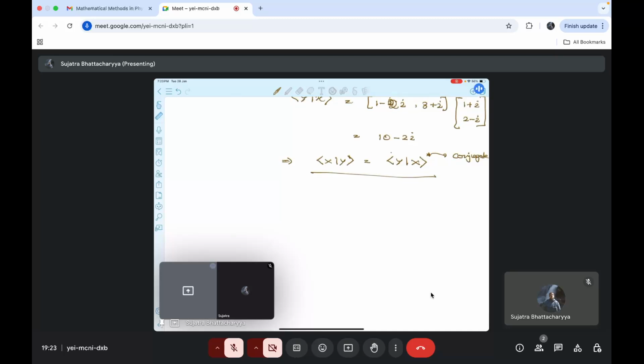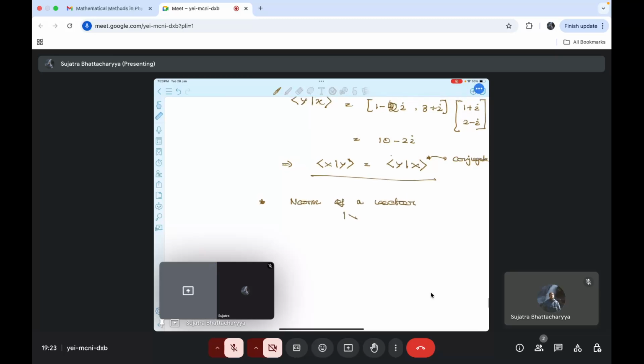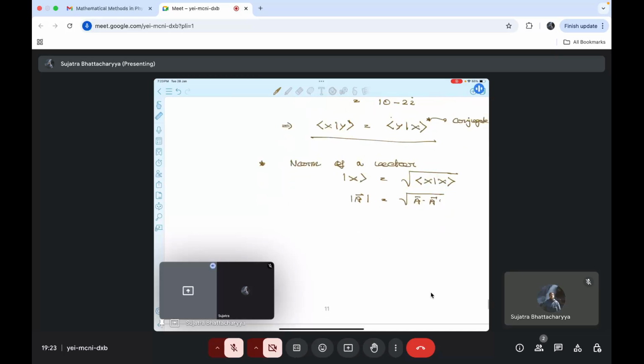Two, three important points. That is the norm of a vector, or the magnitude. The norm of a vector x is denoted as root over the inner product of x with itself. Similarly, if you write it in vector terms, it is the root of a dot a. Okay, so these are different things. Similarly, orthogonality.